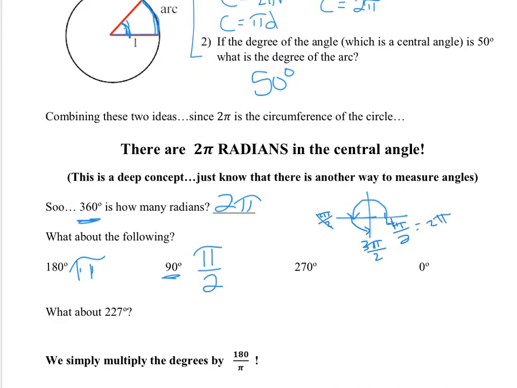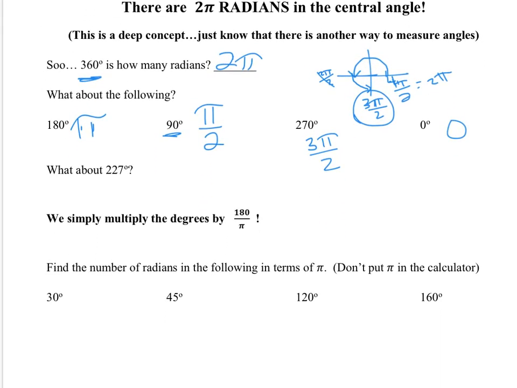So 2 pi is 360, 3 pi over 2 is 270, and 0 is just 0. It's nice to know these particular angles, because then you won't have to convert them.